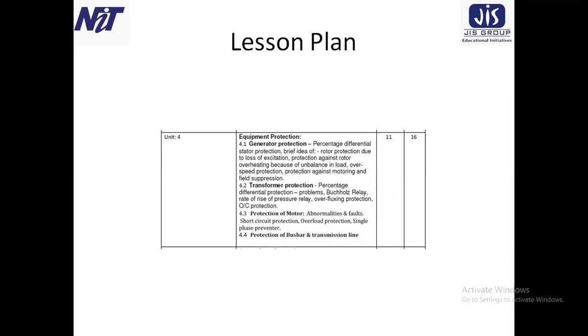So it's a very important subject for electrical engineers. This subject is basically designed for third year diploma electrical engineering students in the fifth semester.